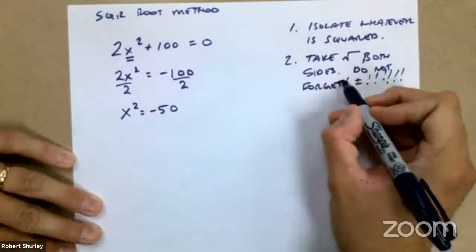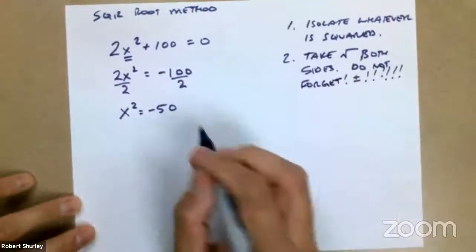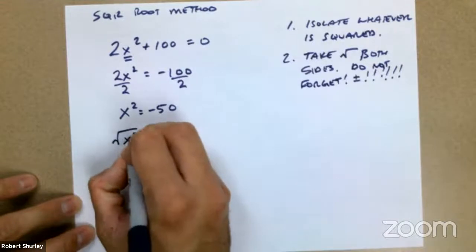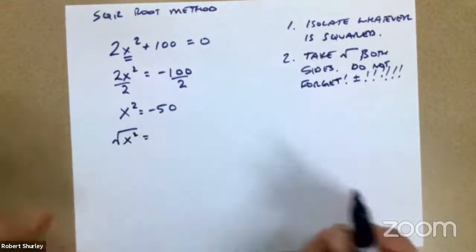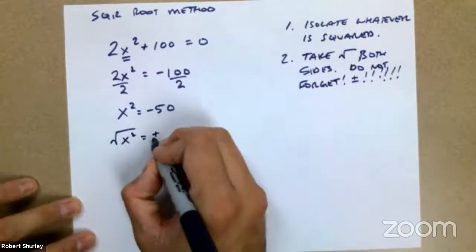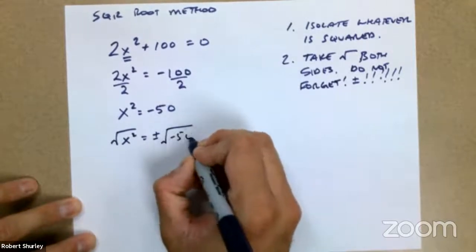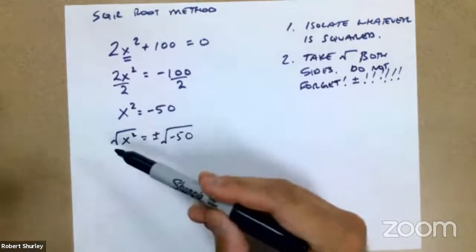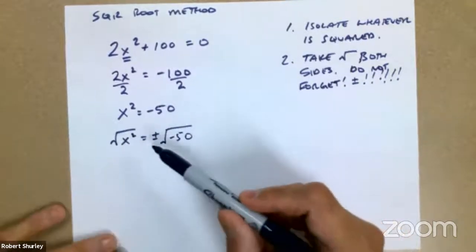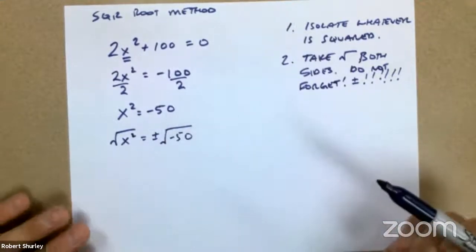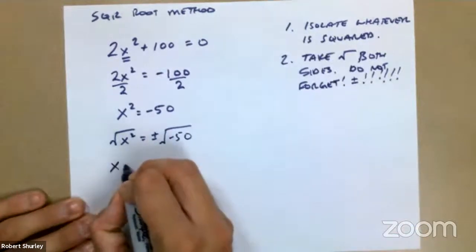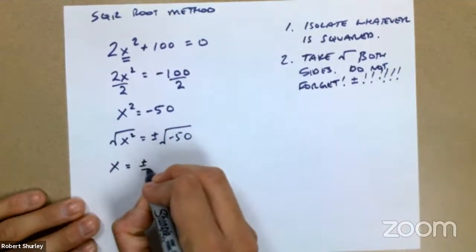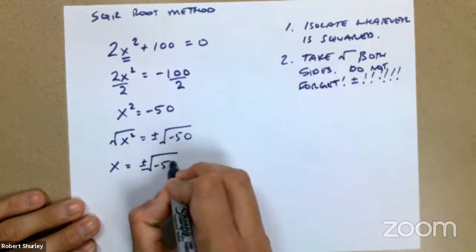That's just a very common mistake. So at this point, I'm going to take the square root of both sides. The left-hand side goes away, but we have to attach the plus or minus. Typically we attach it to the non-variable side. So we wind up with x equals plus or minus the square root of negative 50.